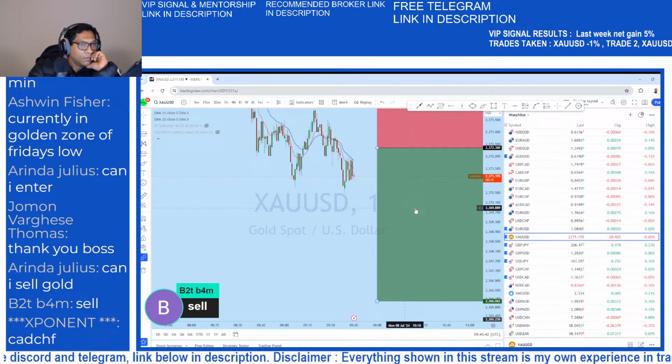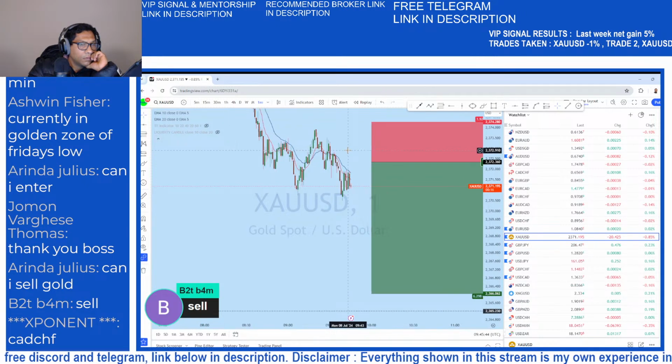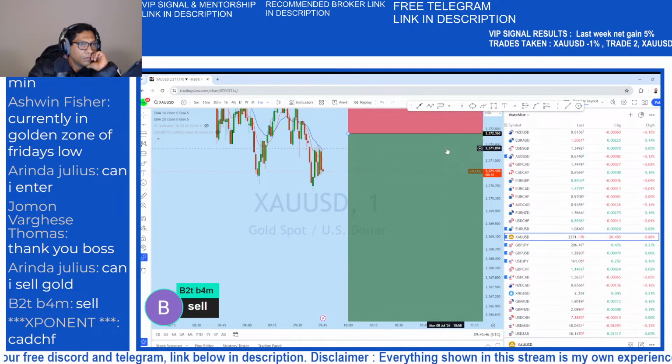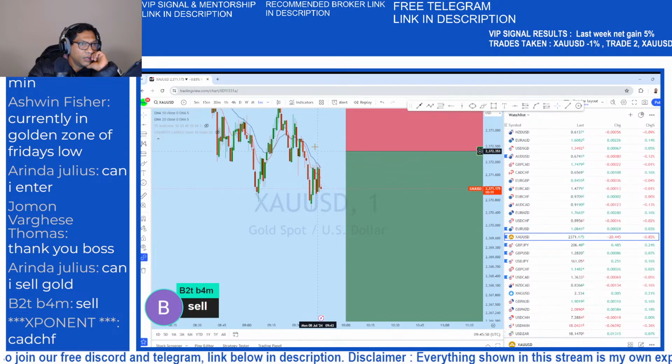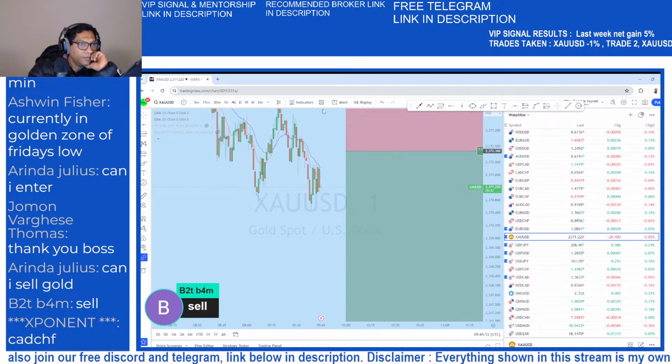Pretty strong. We can see the structure is still bearish here.